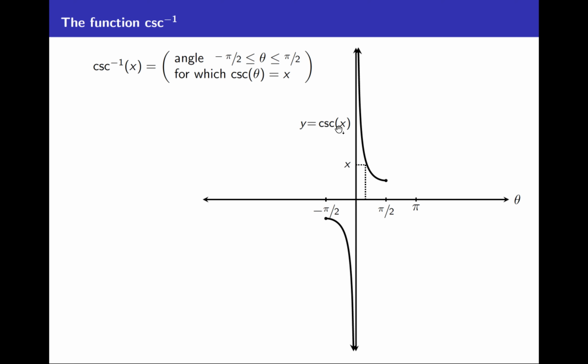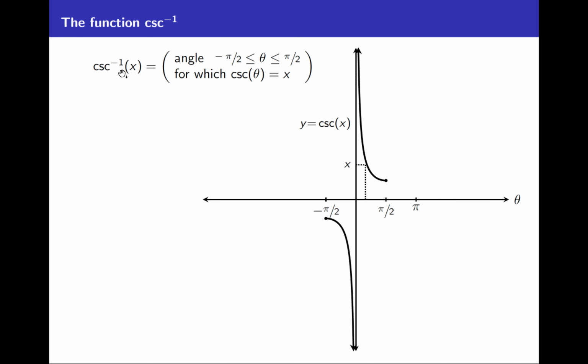To run cosecant x in reverse, take an output value x, go over to the graph, go down, you get a theta value, an angle, where if you took cosecant of it, you'd get x. And this point right here, this theta value, that's going to be cosecant inverse of x.